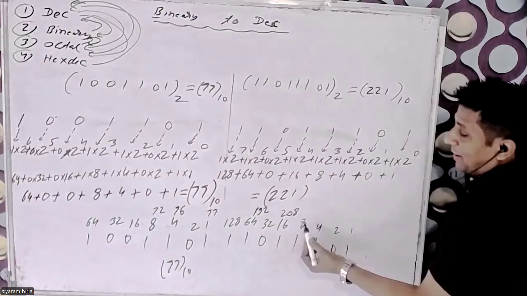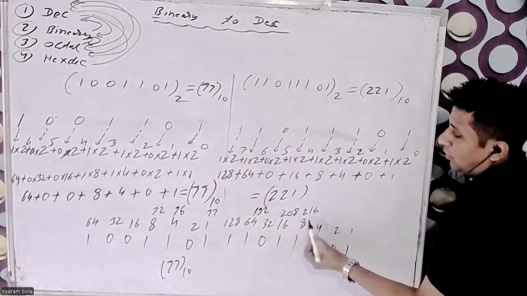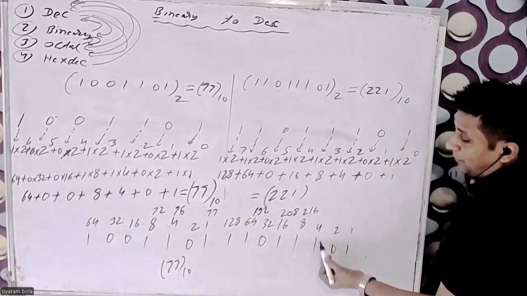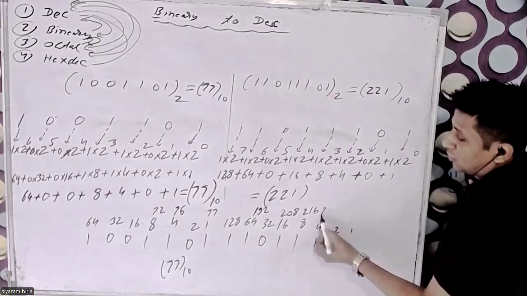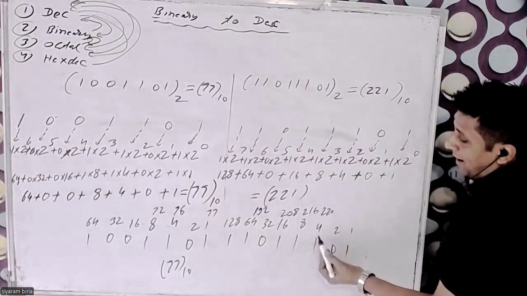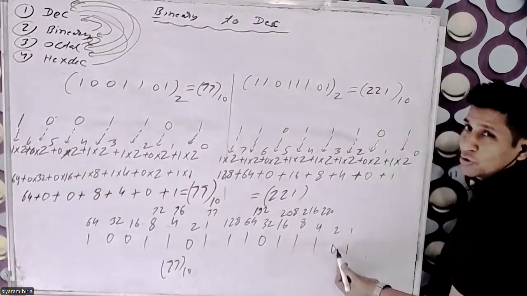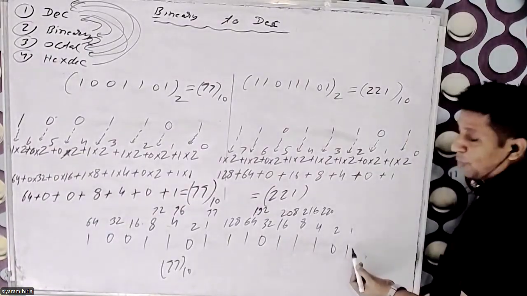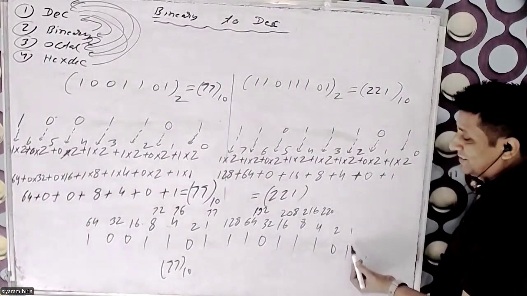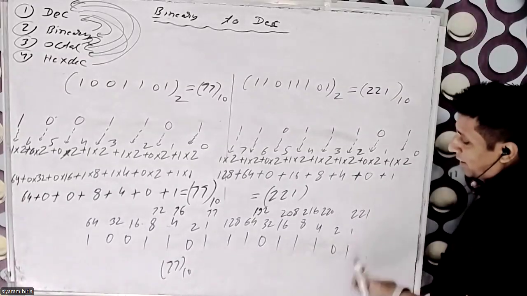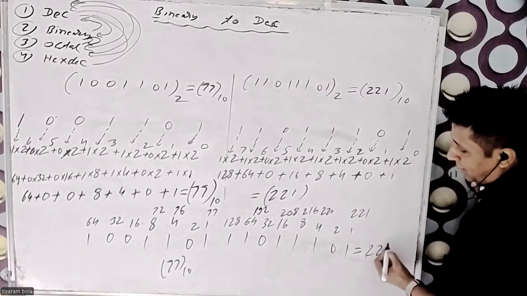And if I'm adding, it's 216, 8 I can add. Below the 4, 1 is there, so it's 220. Below the 2 is 0, so I cannot consider. But below the 1, 1 is there, so it's 221. So the answer is 221.